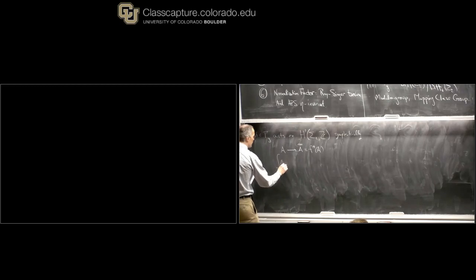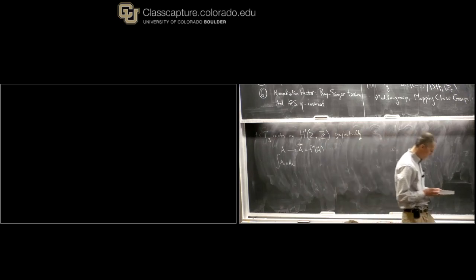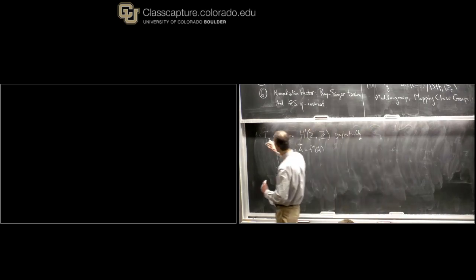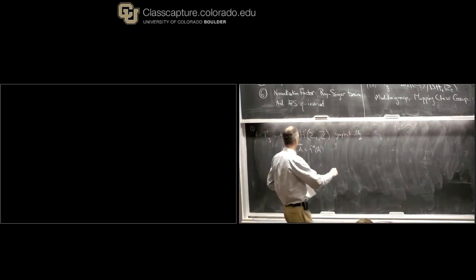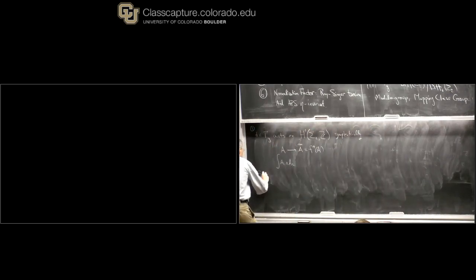And the intersection form in terms of the flat gauge fields is just the integral of A1 wedge A2, and F is a diffeomorphism, so that will be preserved. So I have this symplectic action, and I'll come back to that in a second. So that's one fact.